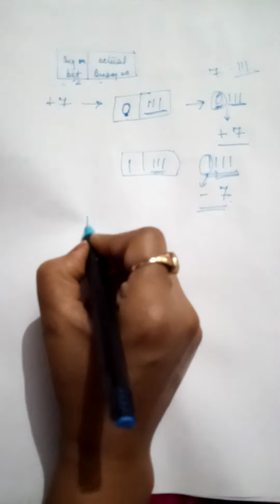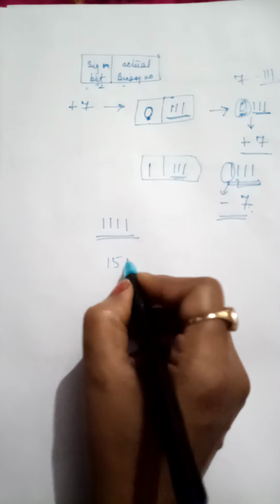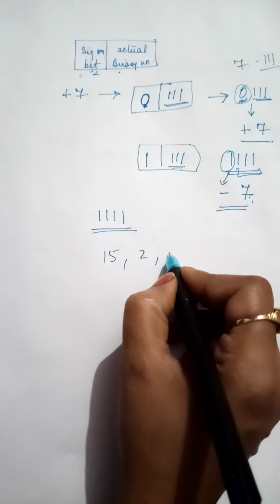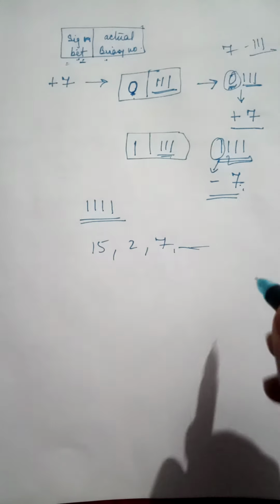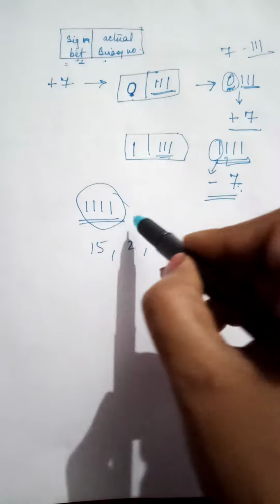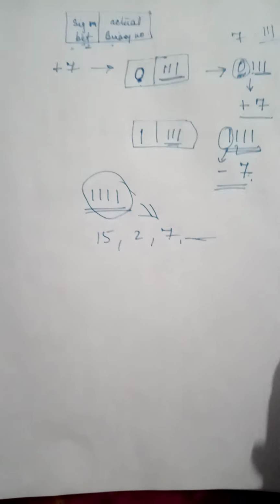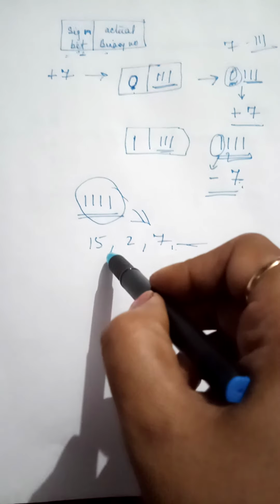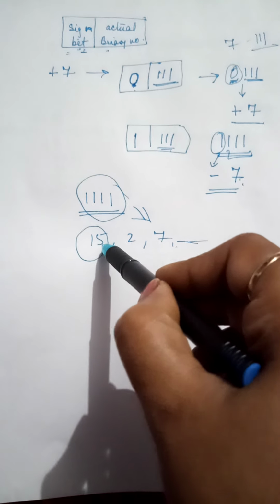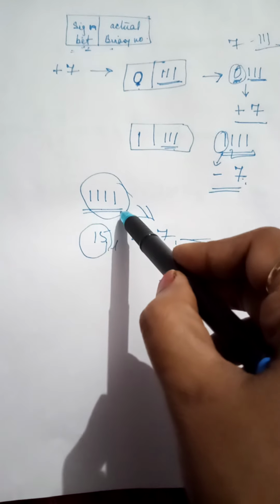If you have been given this as a question and you have options like 15, 2, 7 and any other option, what will be your answer? Maybe you can choose 15 as four ones are there.